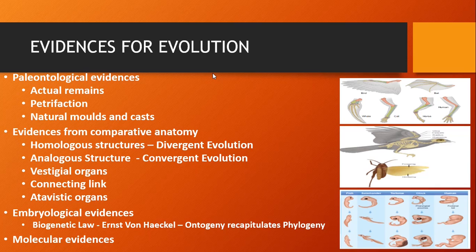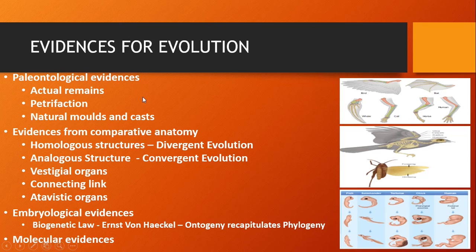One is called paleontological evidences. Another one is called comparative anatomy. Another one is embryological evidences. Then finally molecular evidences. Normally the paleontological evidences are called fossils. Paleontology is nothing but the study of fossils.